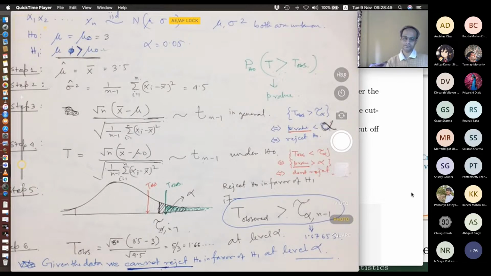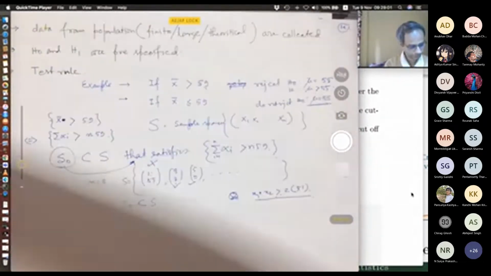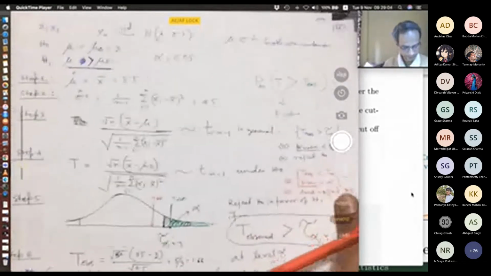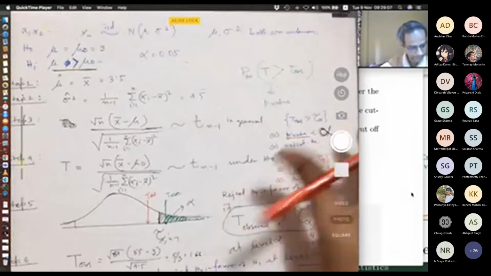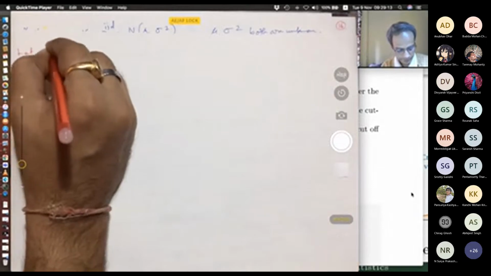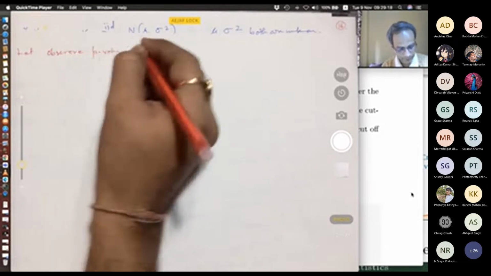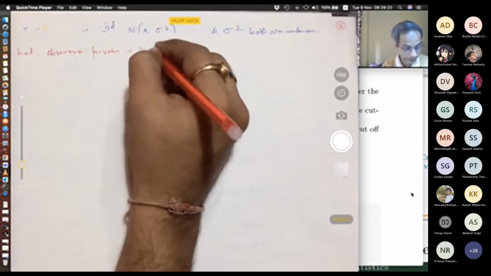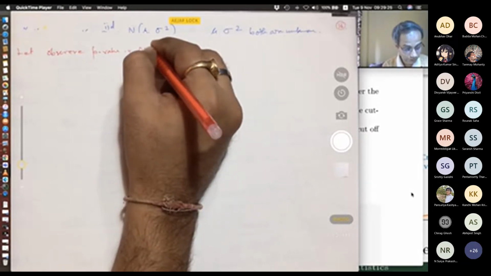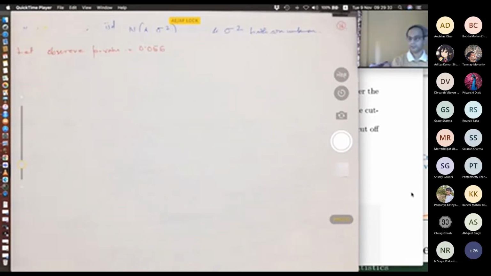Suppose your observed p-value from the software is, say, 0.056.